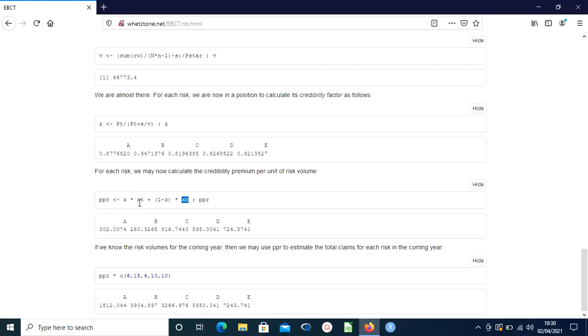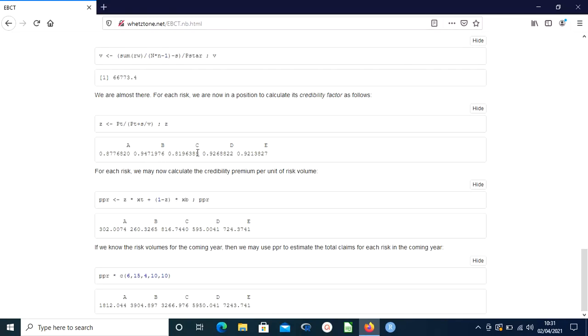So this would be 0.8 times something, and this would be 0.12 times something. So more weighting will be given to the data we have for A than for the overall data.